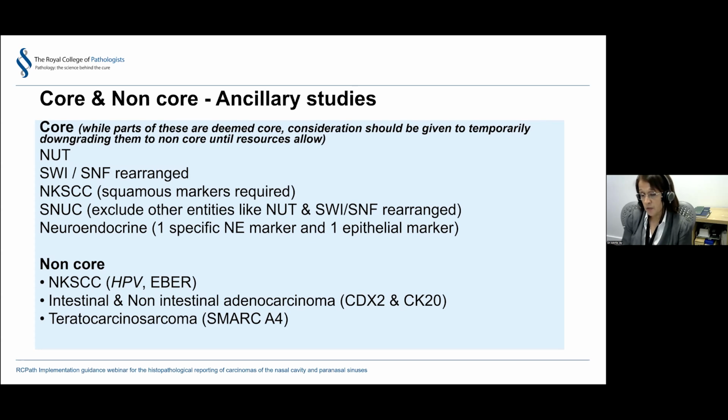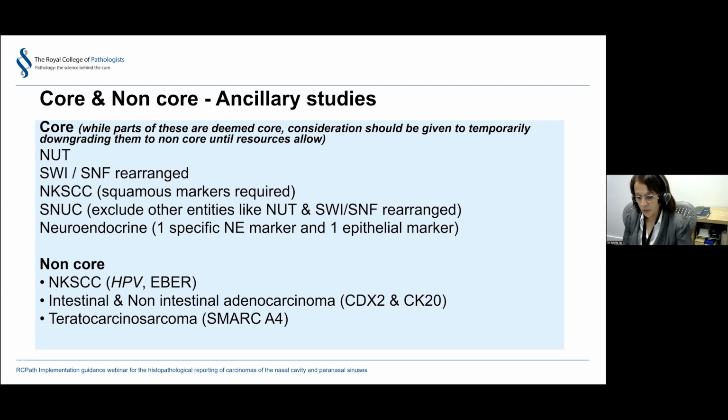So if you have definite squamous differentiation, we don't need to do any immunohistochemistry. If you don't have definite evidence of squamous differentiation, for example, sinonasal undifferentiated carcinoma, or something that resembles a NUT carcinoma with probably limited keratinization, or there are some neuroendocrine features like trabecular arrangement or some nuclear features of neuroendocrine differentiation, then it's really important to identify that with specific immunohistochemistry.